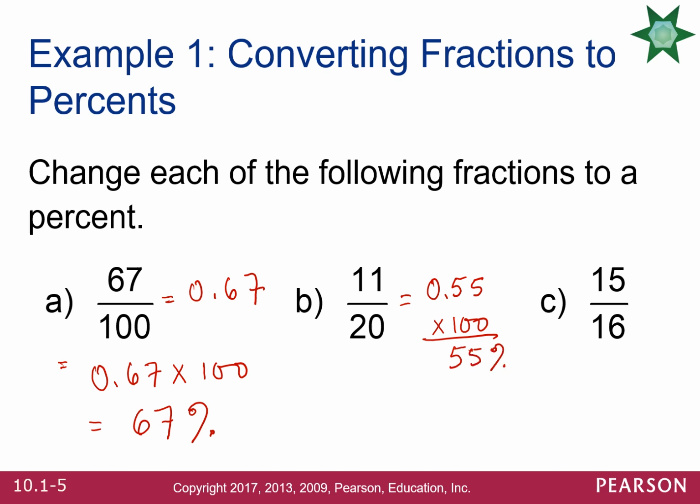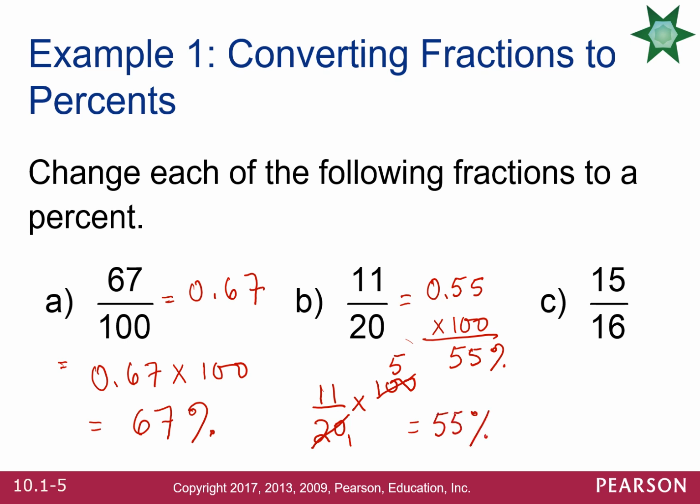Now, another way of working this is just take 11 over 20 and multiply it by 100. All right, if we just multiply it by 100, what happens? 100 divided by 20 is 5, correct? 100 divided by 20 is 5, and then you multiply 5 and 11, 55%.